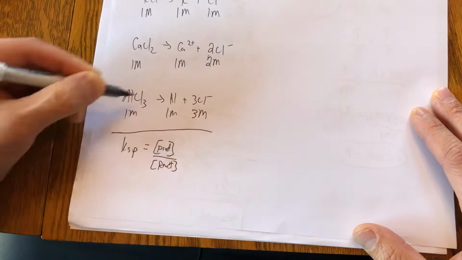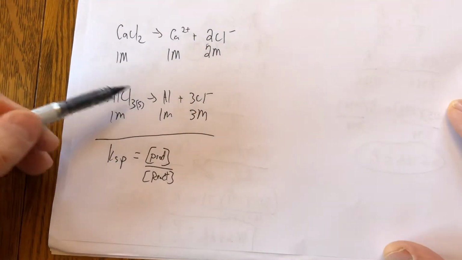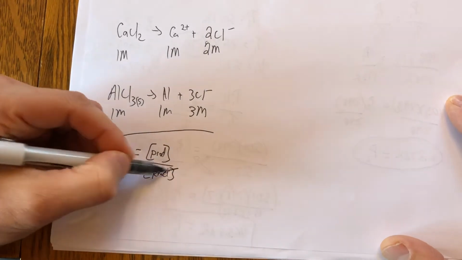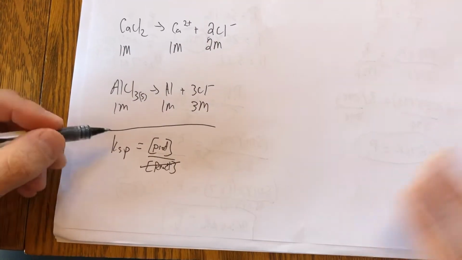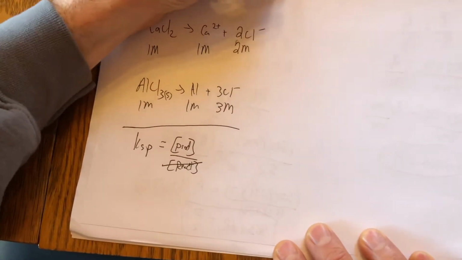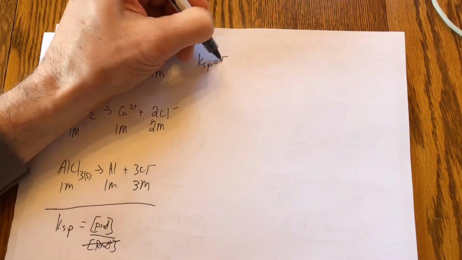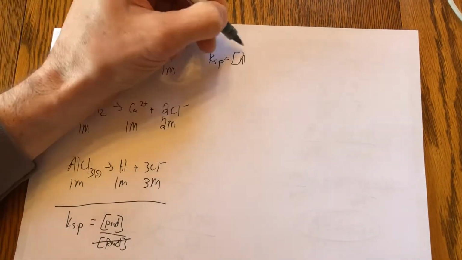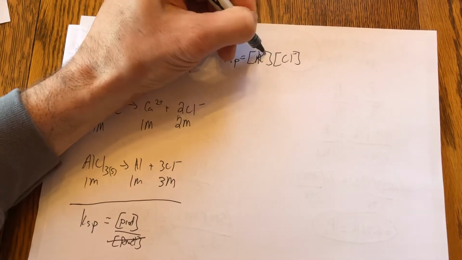But this time the reactant is a solid, and so you can't actually get the molarity of a solid, so there is no denominator. So in this case, if you did KCl, the KSP would be the molarity of K times the molarity of Cl.